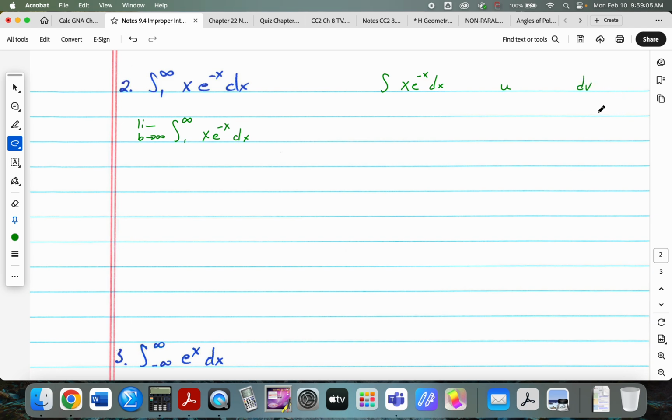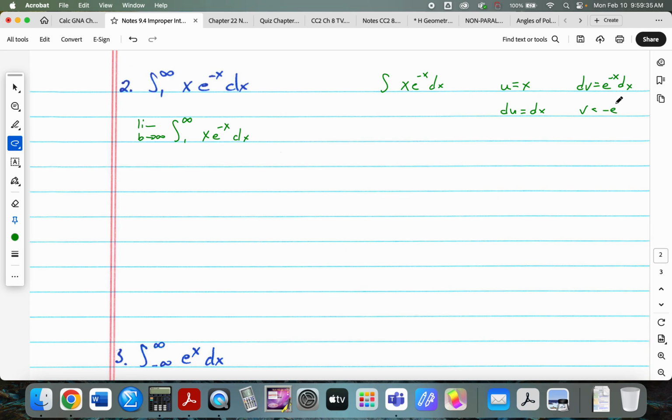All right, so remember our limit, no logarithms, no inverses, but there is a polynomial, so we'll let that be u. Let u be equal to x, and dv be e to the negative x dx. Then du will simply be dx, and v will be the antiderivative of e to the negative x, which happens to be the same thing as the derivative of e to the negative x.